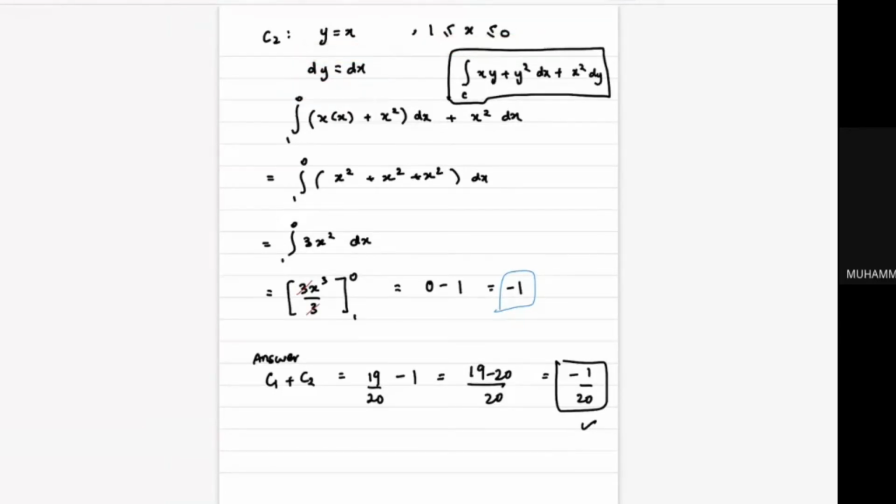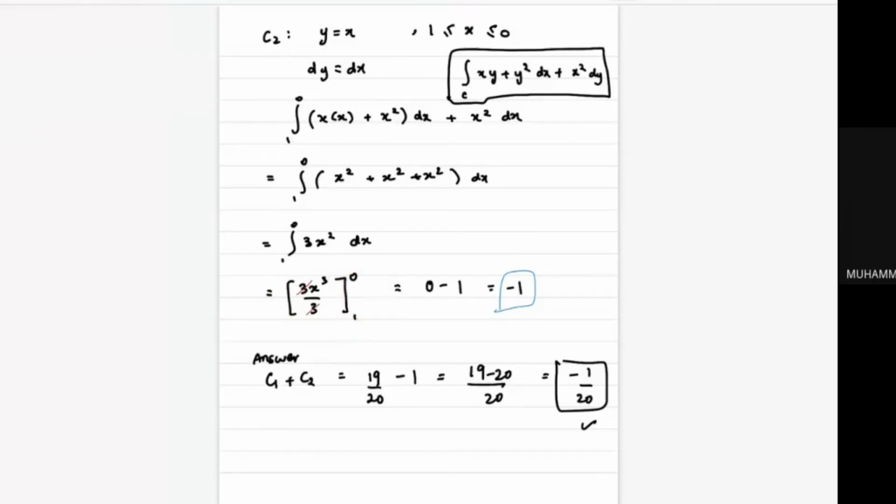Substitute into this given function from the question here. Substitute your x equal to y, dy equal to dx. Simplify this, you'll get 3x squared. Then integrate 3x squared, you get 3x to the power of 3 over 3.